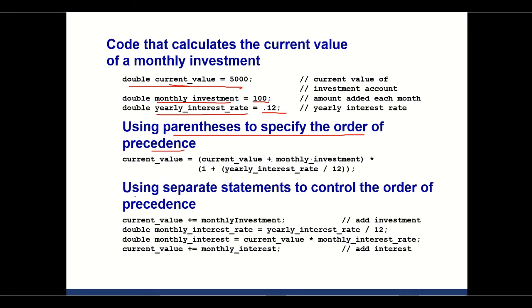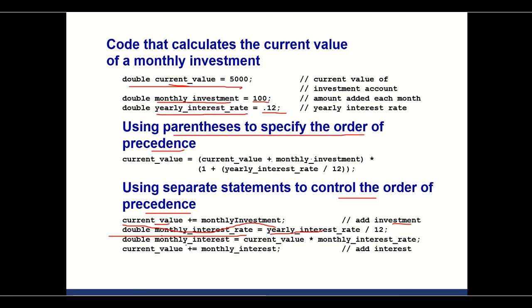You can use separate statements to control the order of precedence as well. According to the order of precedence, first, with the current value, you add the investment, then you calculate the monthly interest rate, which is the yearly interest rate divided by 12.